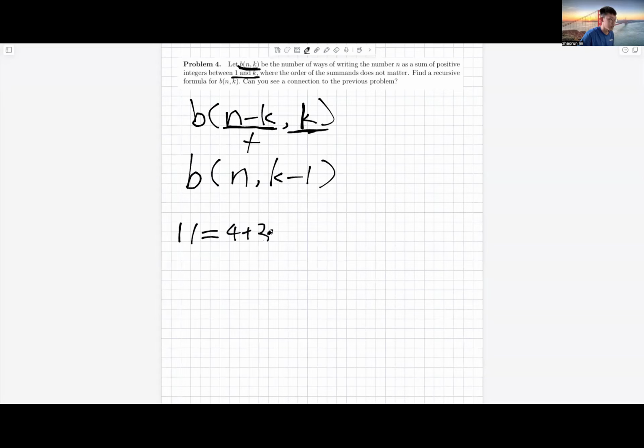So 11 is 4 plus 3 plus 2 plus 1 plus 1. Then the Young diagram is just this.